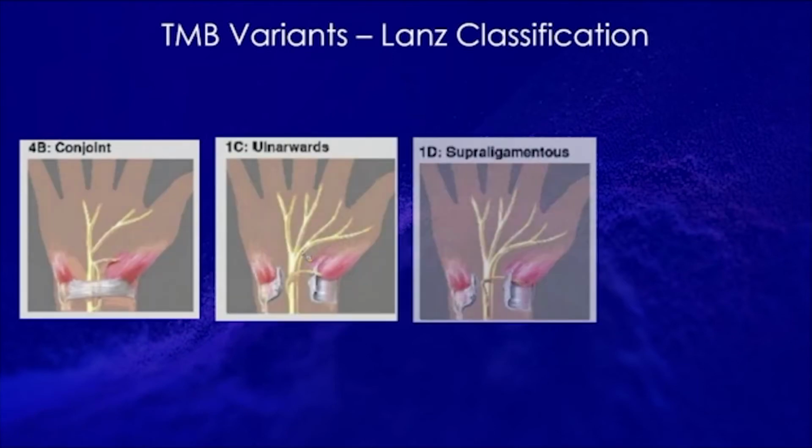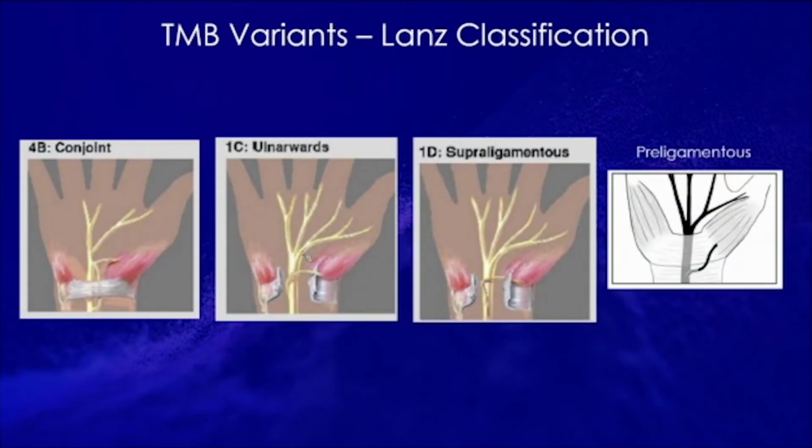It's really these four: the conjoint, where the motor branch branches early, goes through the transverse carpal ligament, and then rejoins; the ulnar variant, where the nerve branches off from the ulnar side of the nerve, then comes superficial and innervates the muscles; and the supraligamentous; and then what is not in the Lanz classification is the pre.